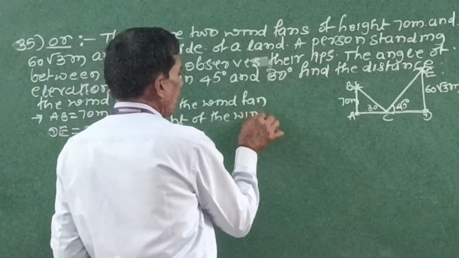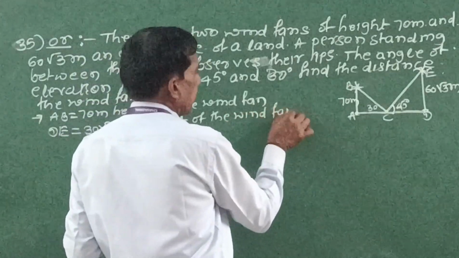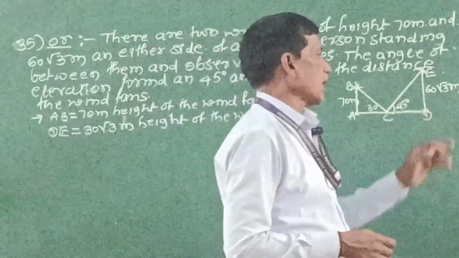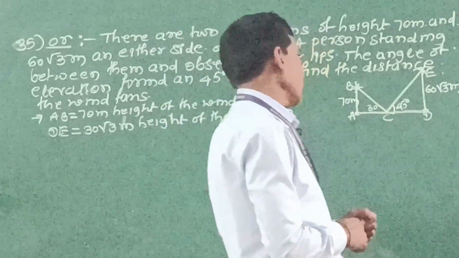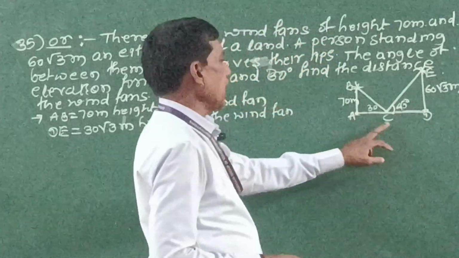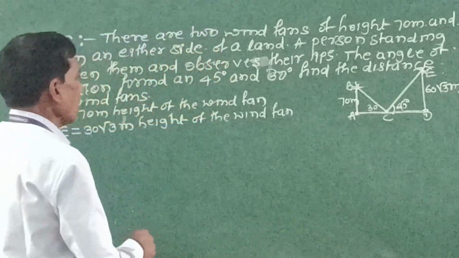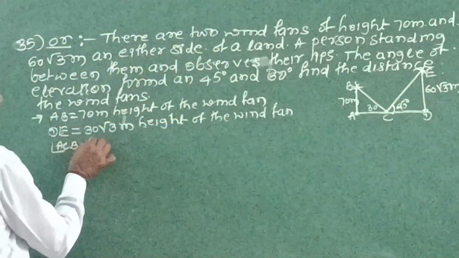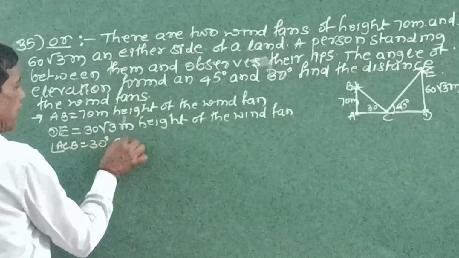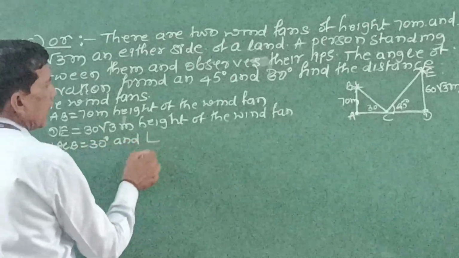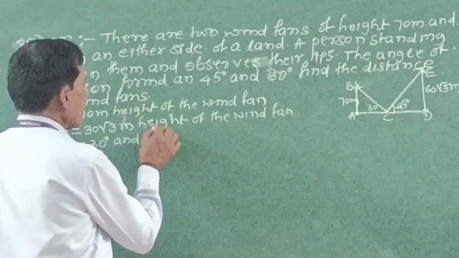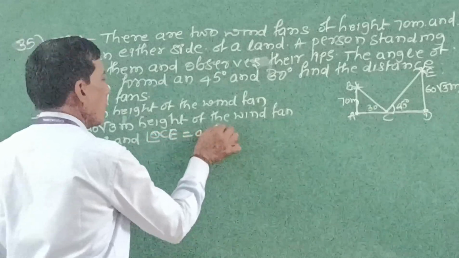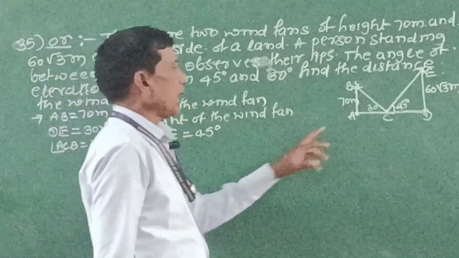There are two wind fans. The first is 70 meters, the second is 60 root 3 meters. The angle of elevation ACB equals 30 degrees, and the angle of elevation DCE equals 45 degrees.